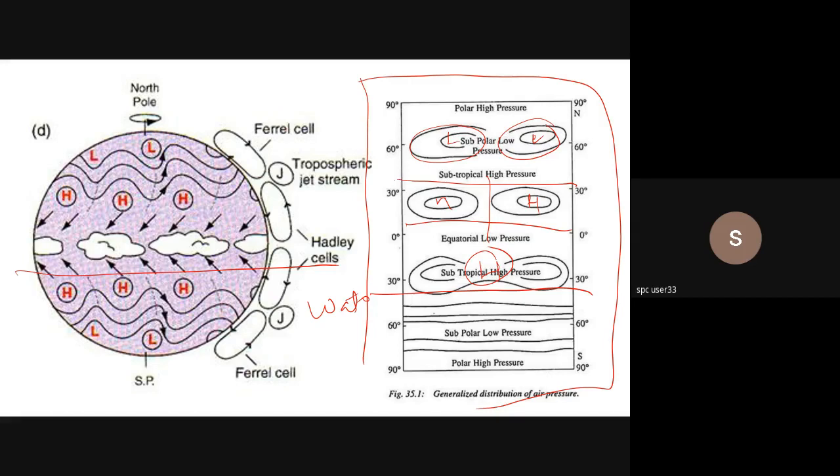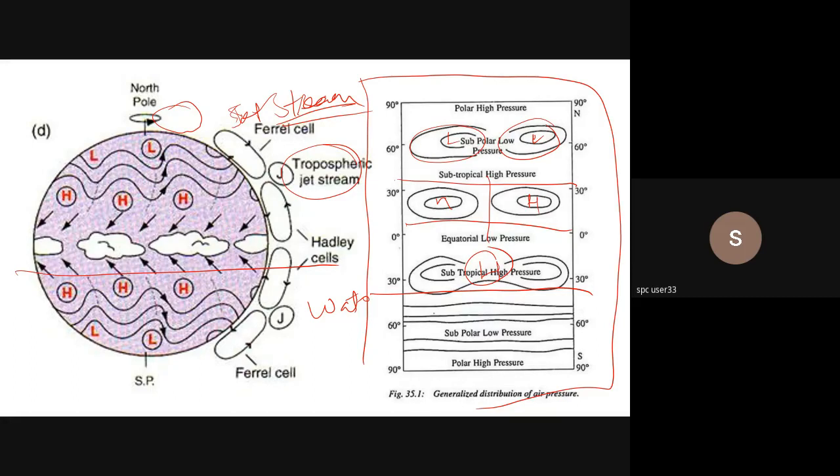Okay, the other day I spoke about the jet streams as such. These are the tropical jet streams. You'll see that you are going to have the actual jet streams here between the Ferrel cell and the polar cell along 60 degrees.